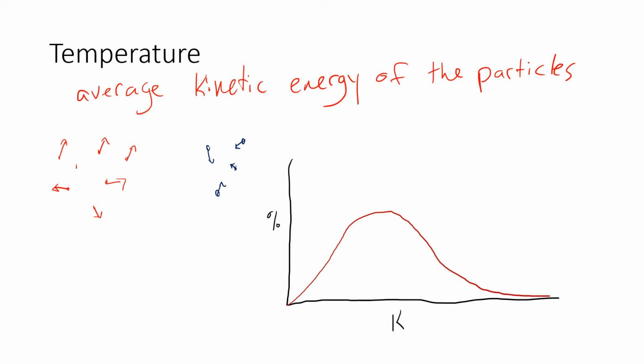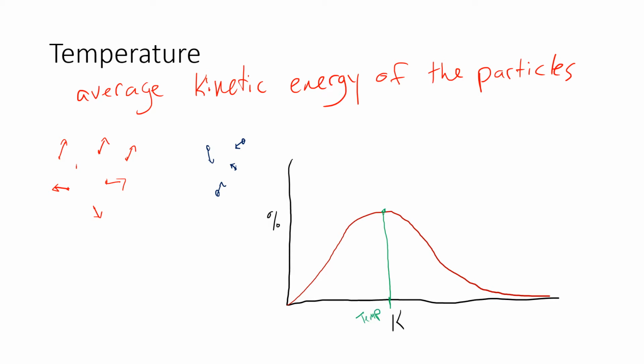All right, so what this means is that each one of them has a unique amount of kinetic energy, sort of, but most of the material is going to be right about here. All right, this is your mode. Since it's a normal distribution curve, it's also your median and your mean. So this guy right here is going to be your temperature.